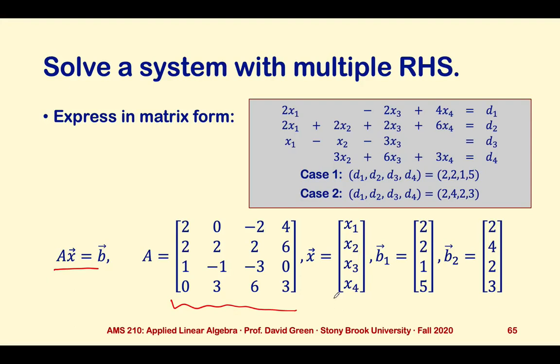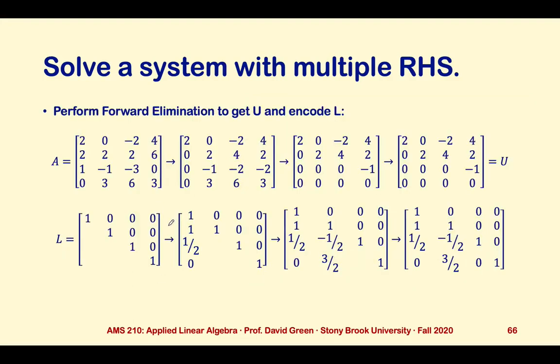Now that we've represented this in matrix form, the next step is to perform an LU decomposition on A. Very important to remember, when we're working on LU decomposition, we apply this to the coefficient matrix, not to an augmented matrix.